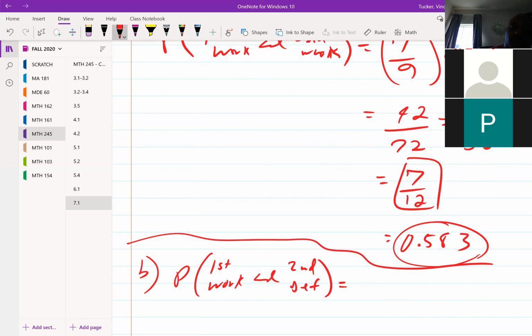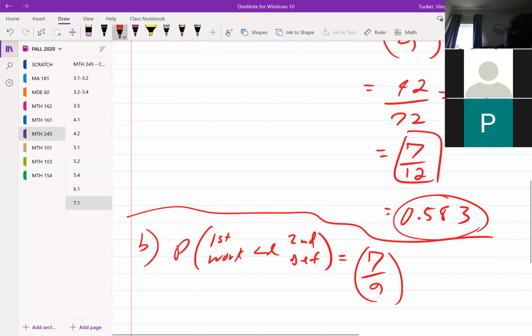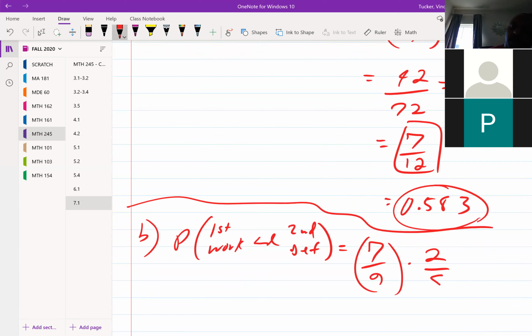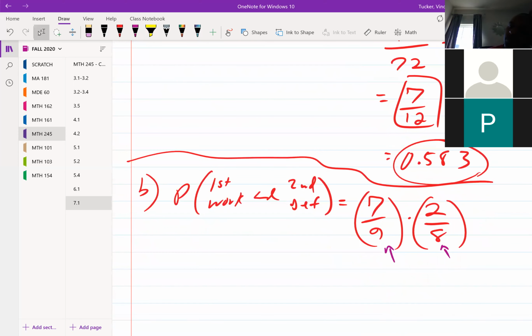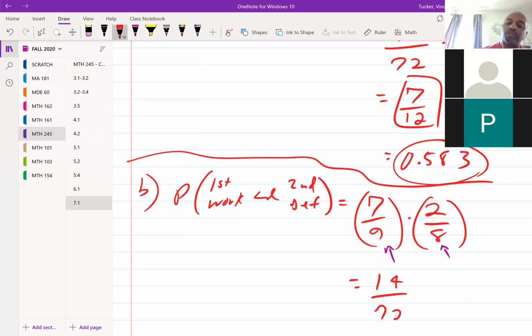We just saw the first one working means it'll be 7/9. Now the second one being defective will be 2 out of 8, because I still have 2 TVs that are defective out of the group, but if I've chosen one TV, then there are 8 left. So multiplying those together, and like I said, we don't have to reduce the fraction because they want a decimal. So that's going to be 14 over 72.